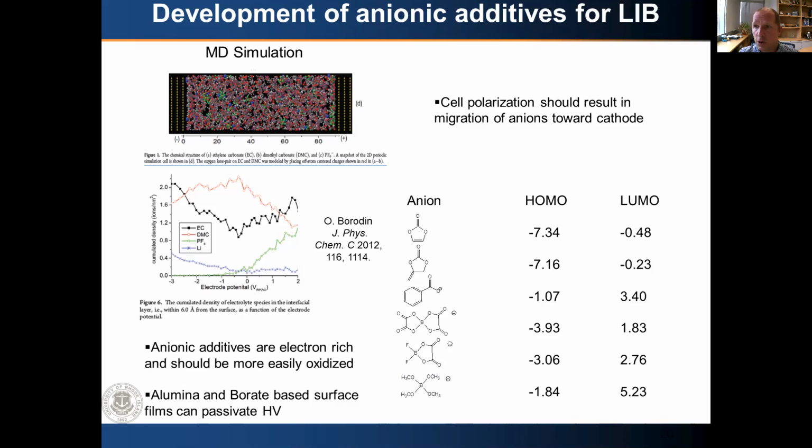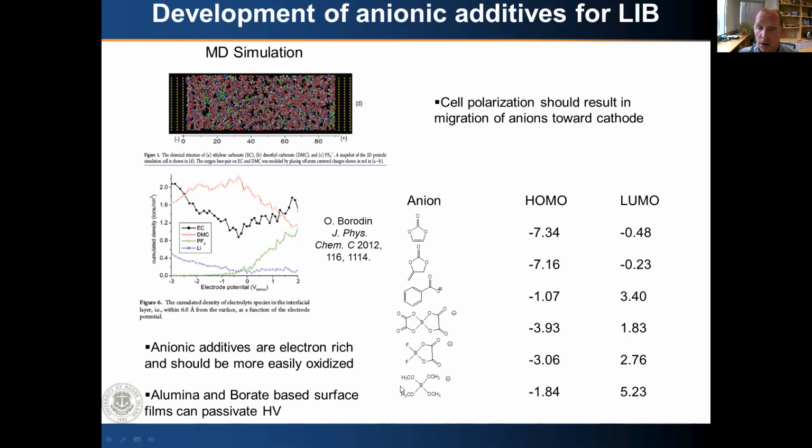And this can be observed by the differences between the highest occupied molecular orbital and the lowest unoccupied molecular orbital, where if we're trying to oxidize the material, we want higher level HOMOs, which can then allow us to more easily oxidize the material, which is what we observe for these borate-based anions here, which are desirable materials such as LiBOB.